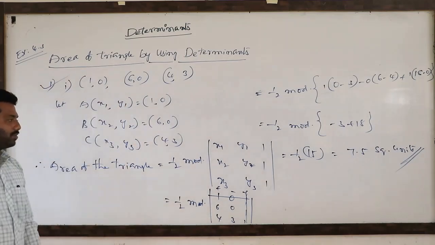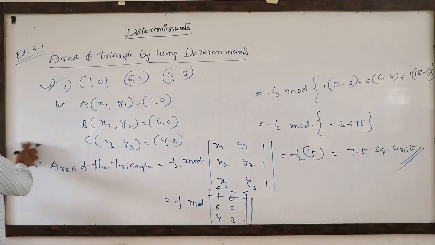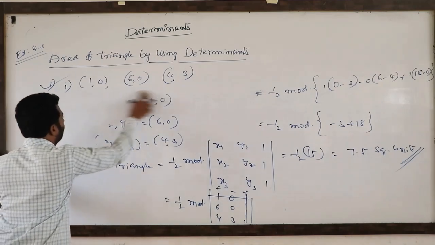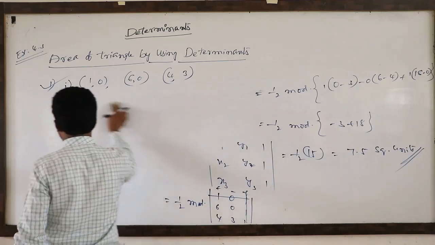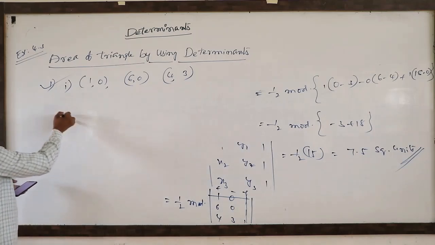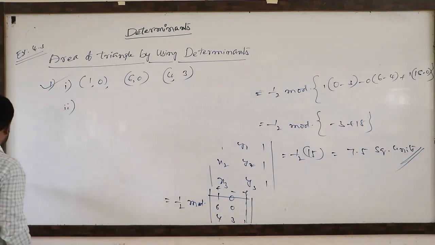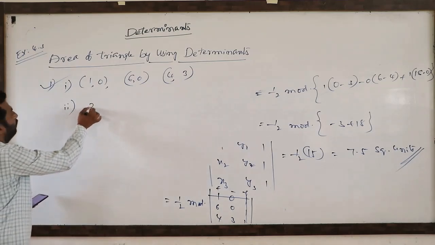In the first problem, the second and third bits you have to answer yourselves. I will write the problems, you note them down and practice them. The second one is (2, 7), (1, 1), (10, 8).